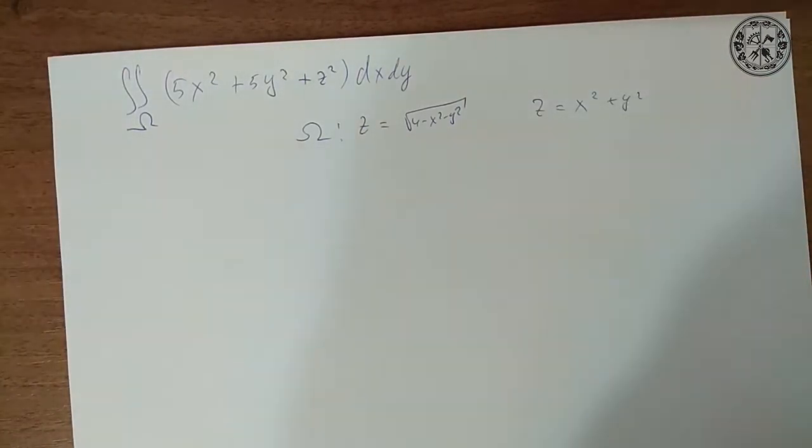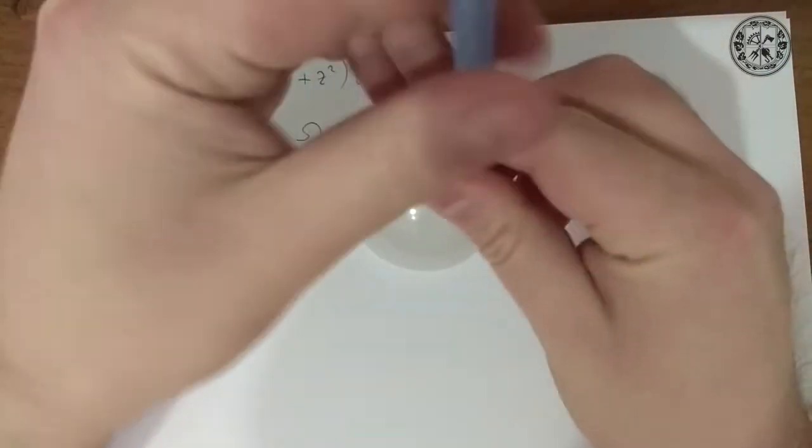So we have a hemisphere and we have a cone cutting apart from it.